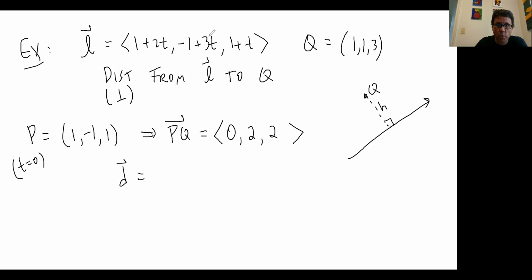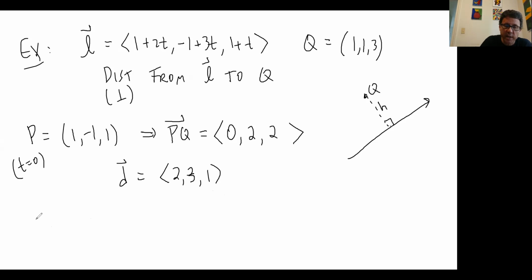So this 2, 3, and 1 is telling me my run, my rise, and my z direction, whatever you want to call that. And if you can pull those pieces of information out of the equations of the line, go back and forth between the two, that's the practice.